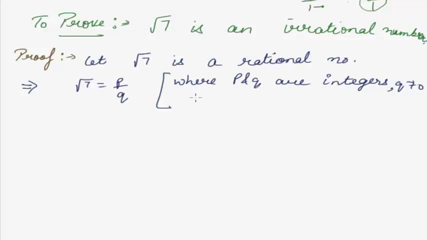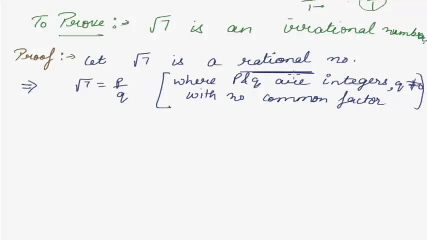For these integers, they have no common factor. Friends, remember, since we have assumed that root 7 is a rational number, only then we are able to conclude this second part. If somehow it is an irrational number, then this statement is not possible.